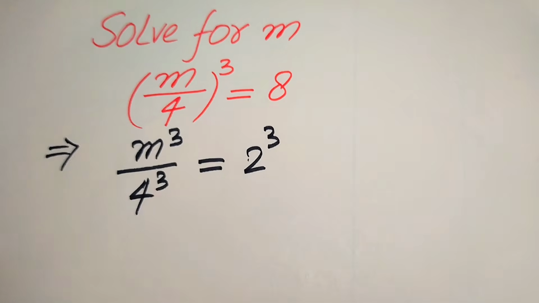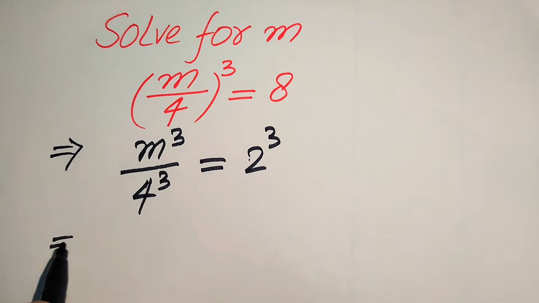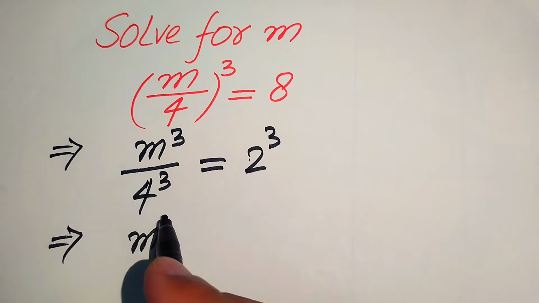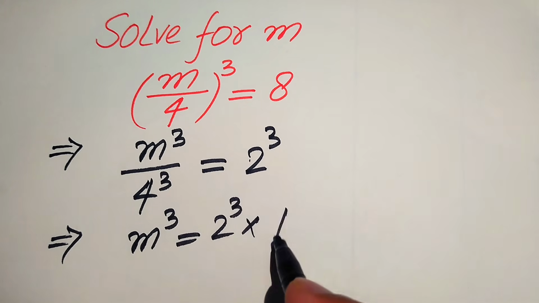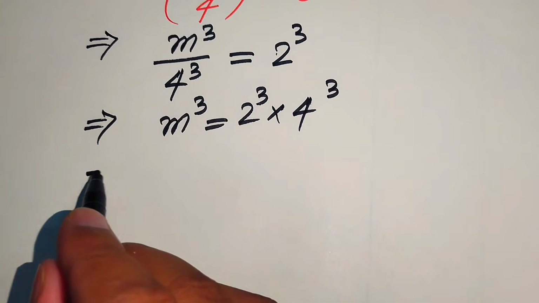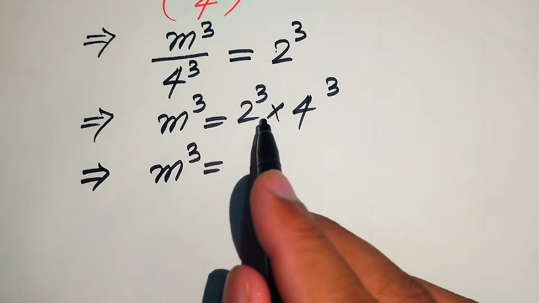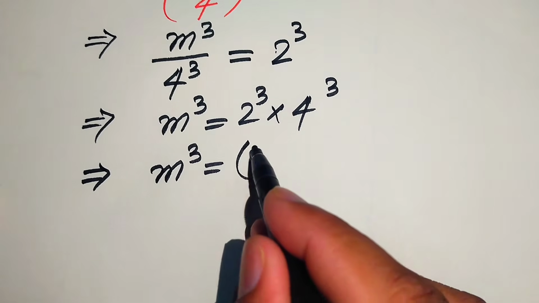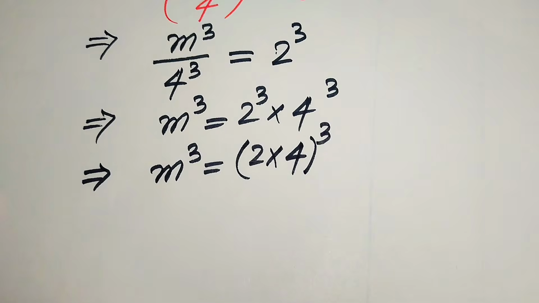And in the next step we move 4 cubed to the right hand side, and it will be written as m cubed equals 2 cubed multiplied by 4 cubed. Here we combine the cube on both of these two values, and it will be written as m cubed equals (2 times 4) whole cubed.